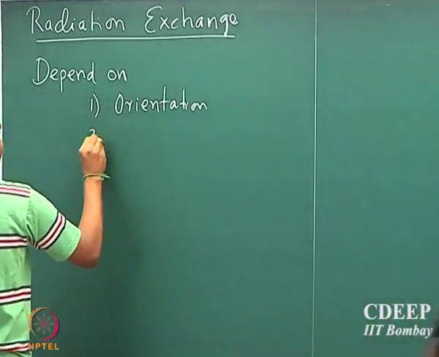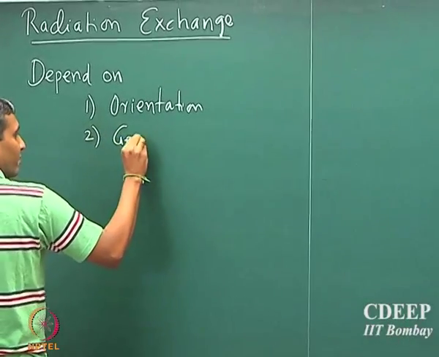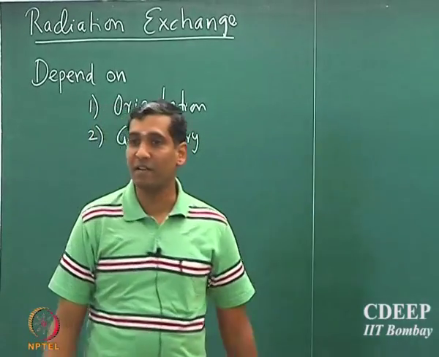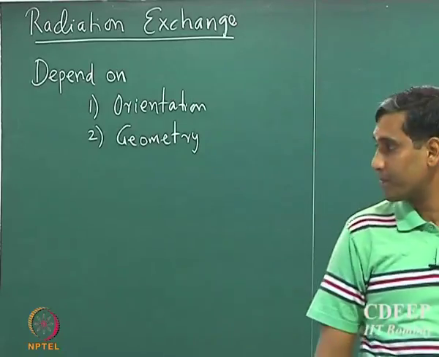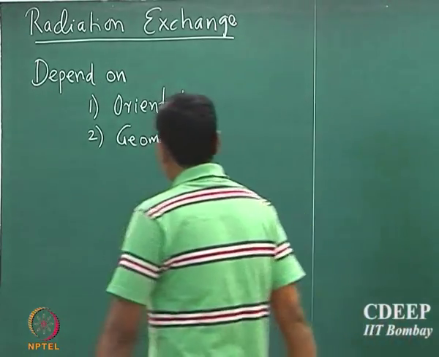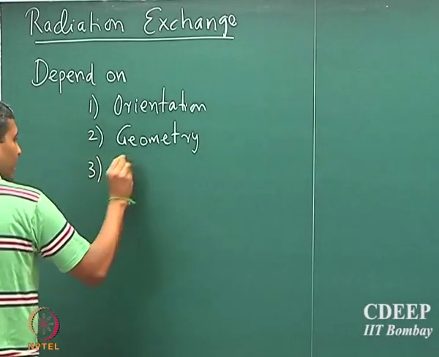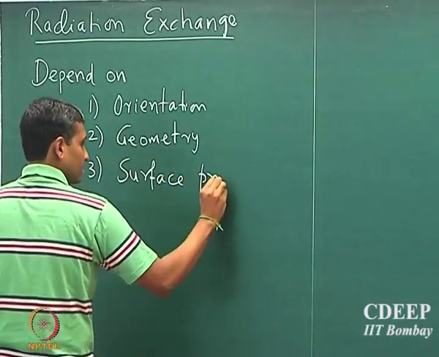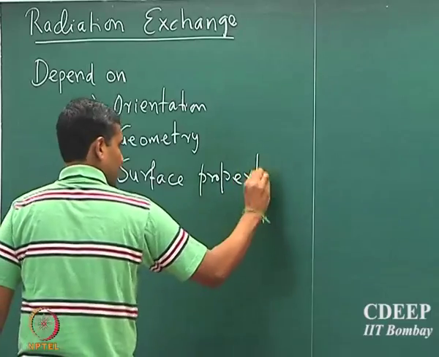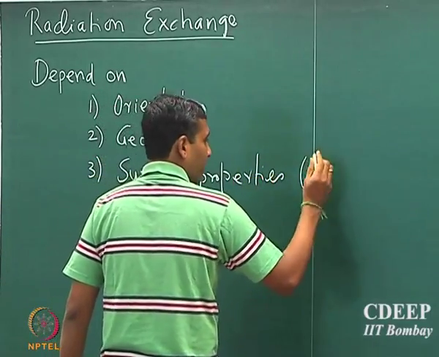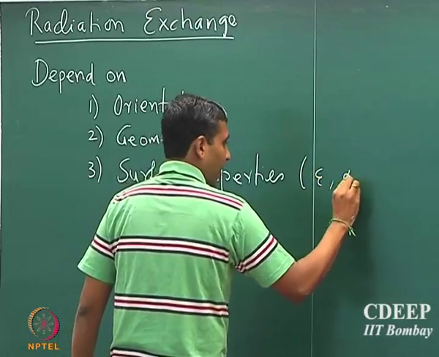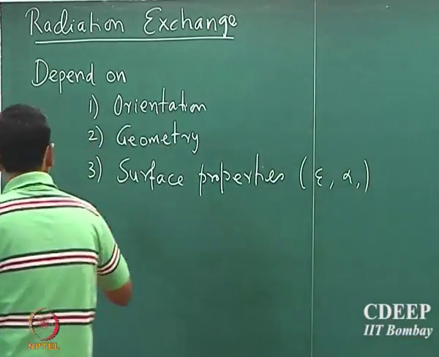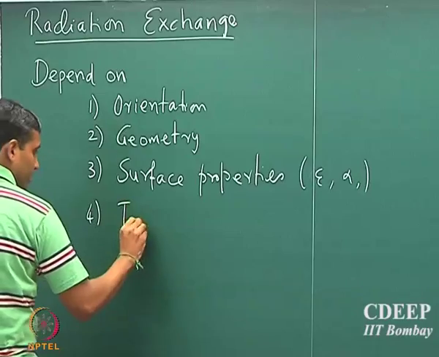And it's of course going to be a function of the geometry of the material which is exchanging radiation, and it's going to be a function of the surface properties, for example emissivity, absorptivity, etc. And it's going to be a function of temperature.